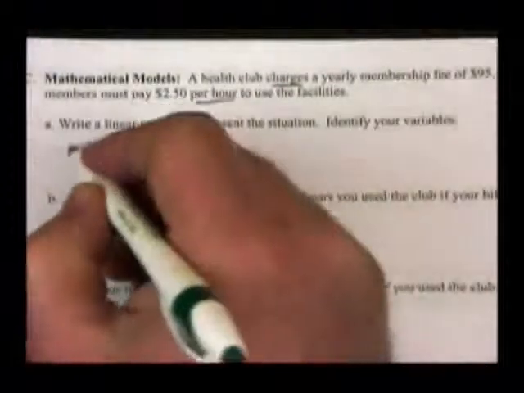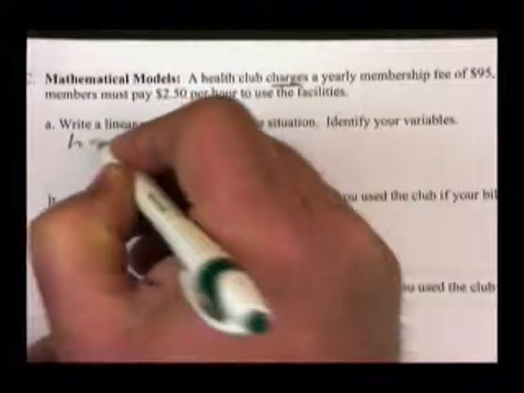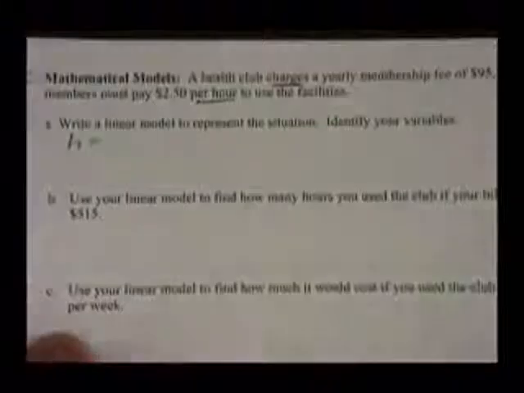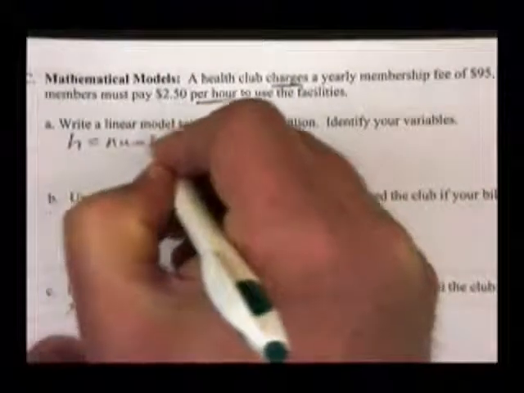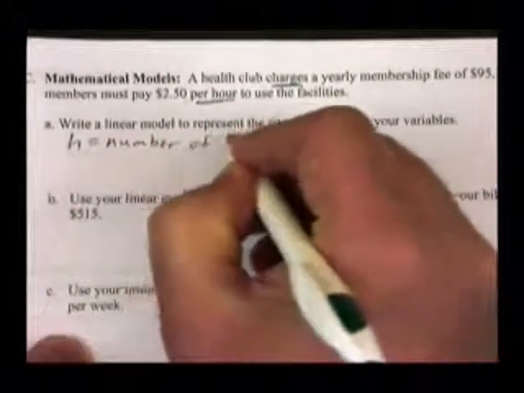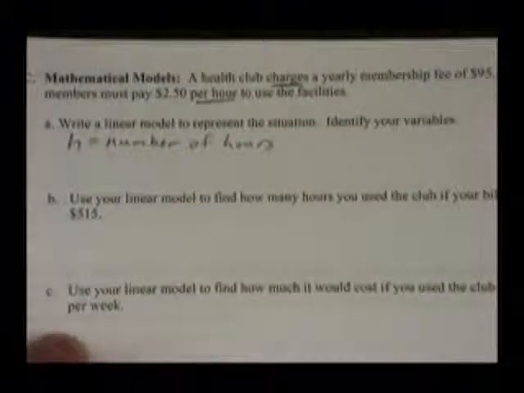And so what we can do is we can use any letters we want. Let's use H. But instead of just saying hours, we're going to say something specific about hours. And we're going to say that H is the number of hours. Alrighty.